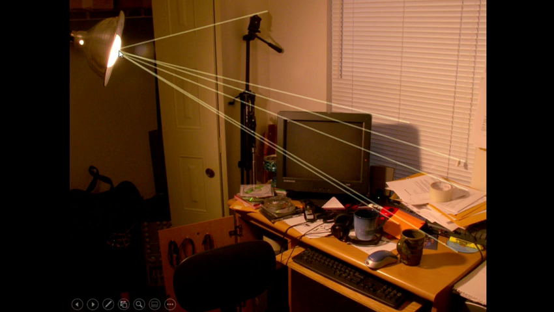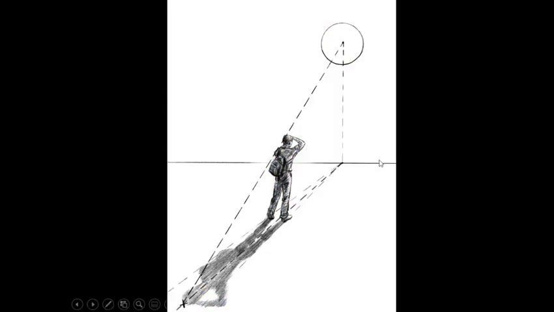So all of the light coming from the spotlight is coming out at perfectly straight paths, straight angles. So you can incorporate that into your linear perspective drawings. Here we don't have much linear perspective, we just have the horizon because I wanted to isolate what's going on with the light source.